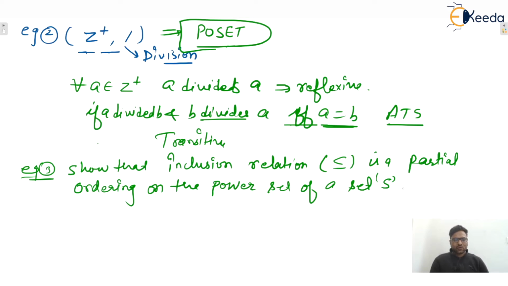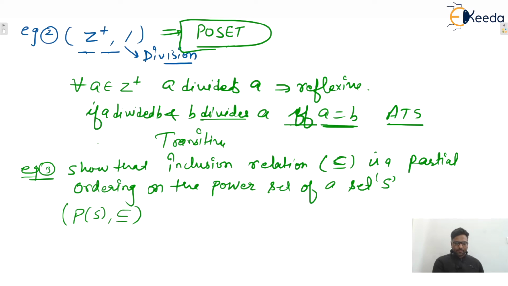And we can say so that inclusion relation, that is subset, is a partial ordering on the power set of a set S. So we can say that yes, that is power set of a set S on subset. This one is poset or not? Yes, we'll see one by one.